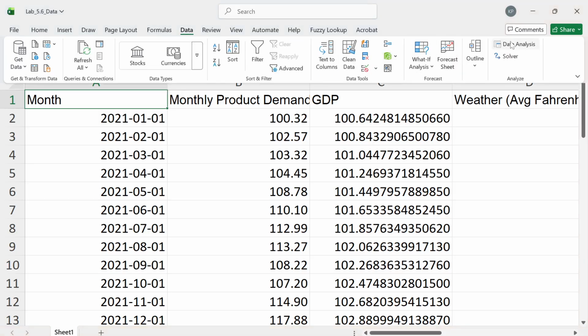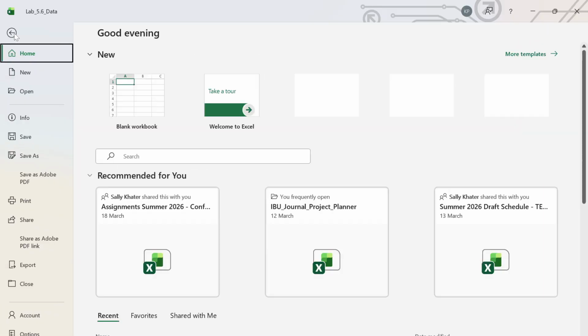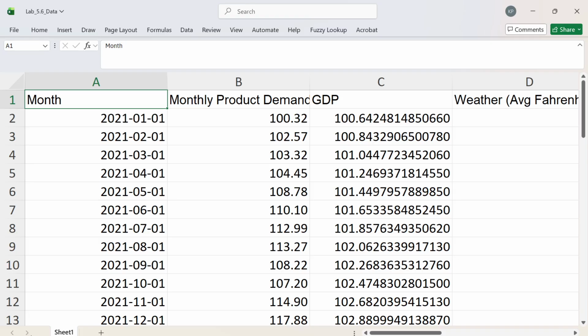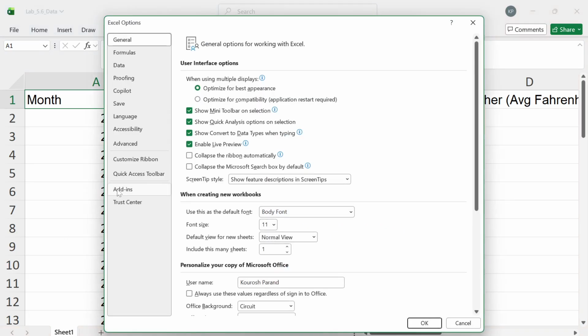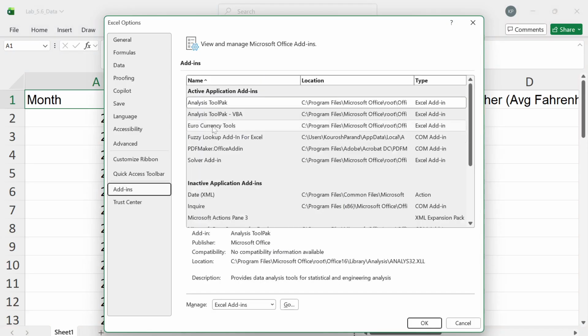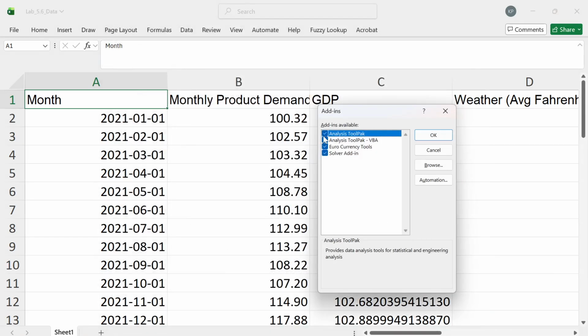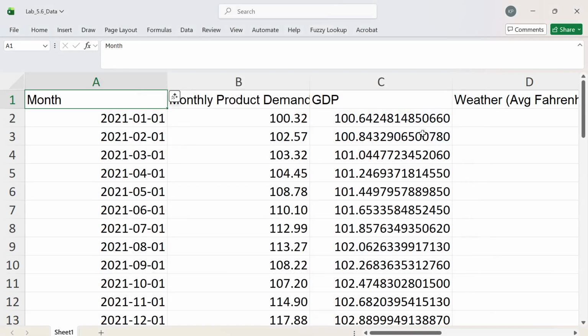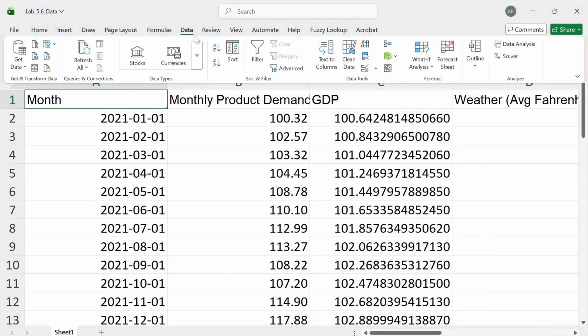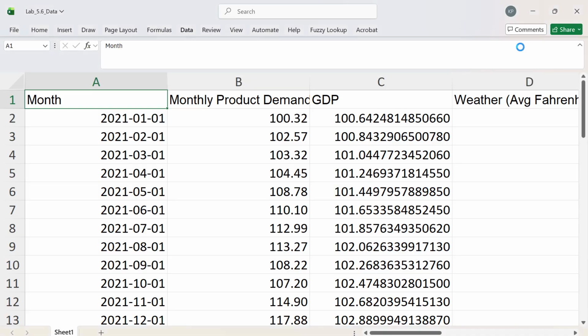So we want to use regression, and first go to Data Analysis. If you don't have Data Analysis, go to File, select Options, hit Add-ins. We want to use this package, Analysis ToolPak. After selecting Analysis ToolPak, select OK. After this, go to Data, Data Analysis.